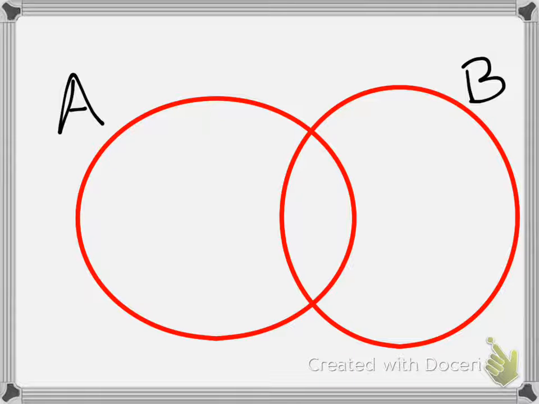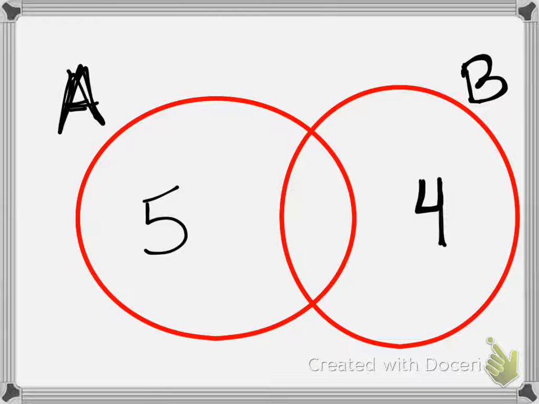If I have a number here, that means 5 people or 5 items follow event A. If I have a number over here, that means 4 items follow event B. And anything in the middle means that they are in both events.